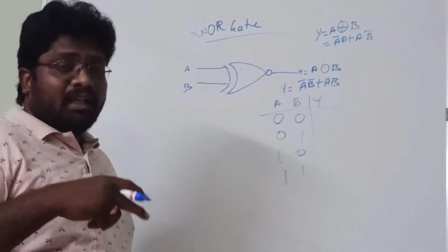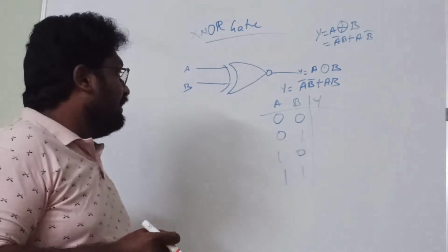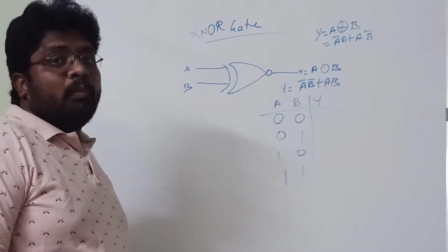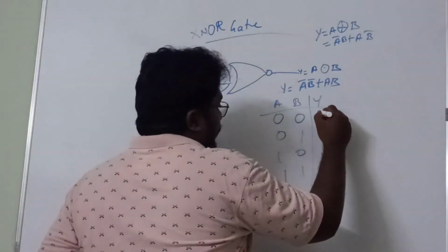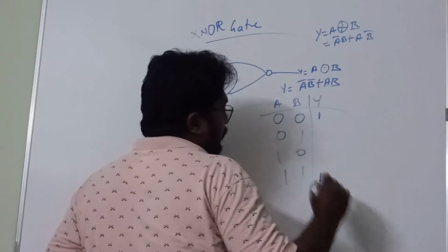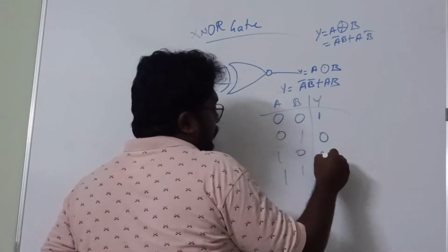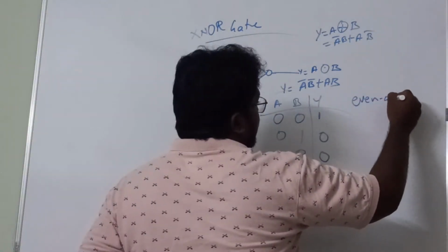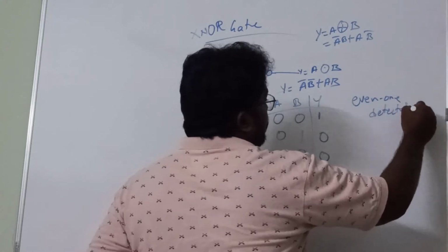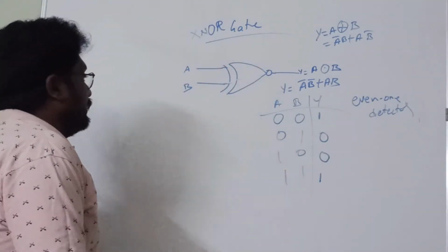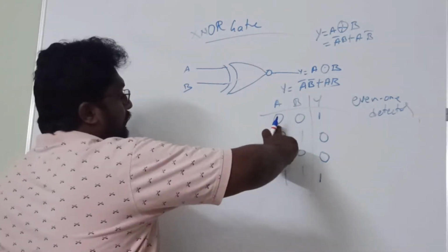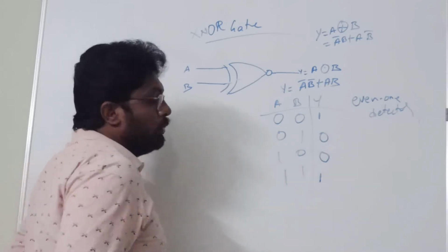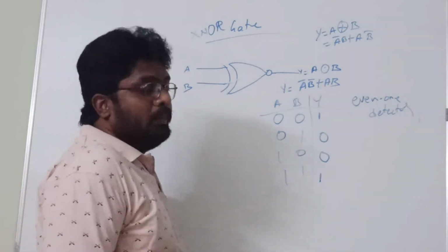As this is an even one detector, if we are having an even number of zeros or ones, the output will become 1 and the remaining will become 0. We call it an even one detector. So when we are having two zeros, the output will become 1, and when we are having two ones, the output will become 1, and the remaining outputs will be 0.